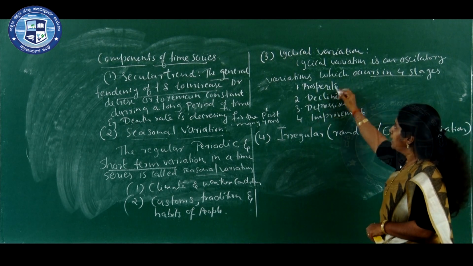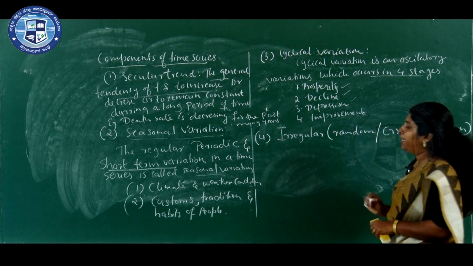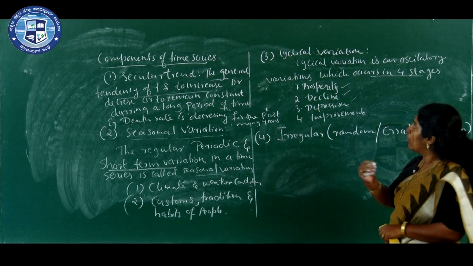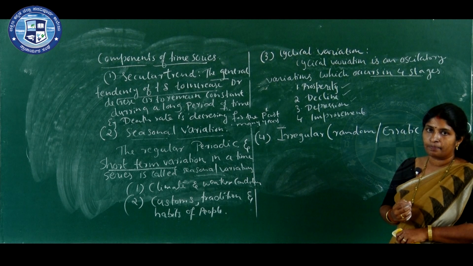This is very important. Prosperity, decline, depression and improvement are the 4 stages of cyclical variation.